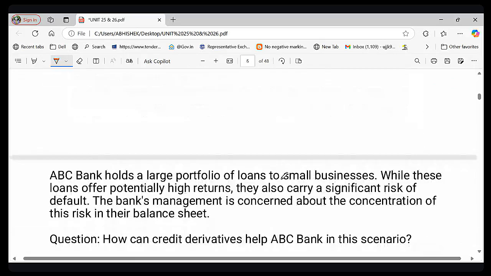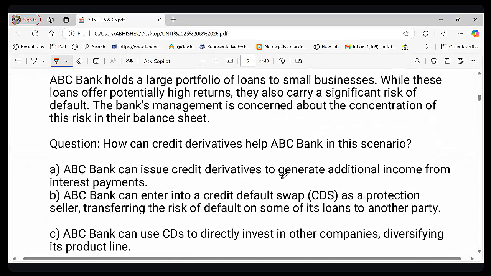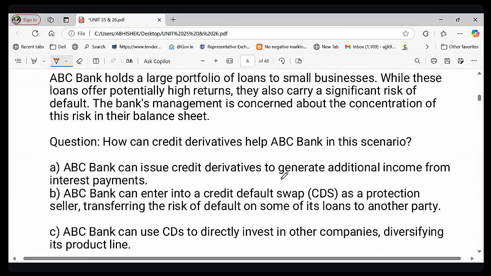Now let's see the next one. So this is the next question on your screen. Let me explain what it is all about. So, friends, ABC Bank holds a large portfolio of loans to small businesses, right? If you have any doubt anywhere, feel free to ask me in the chat. Now, let me come back to this question.